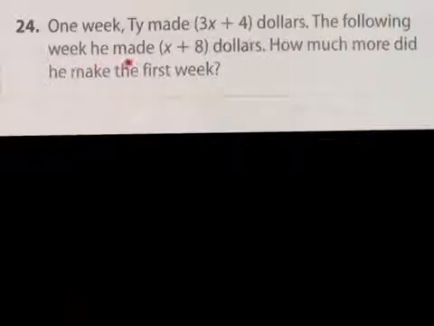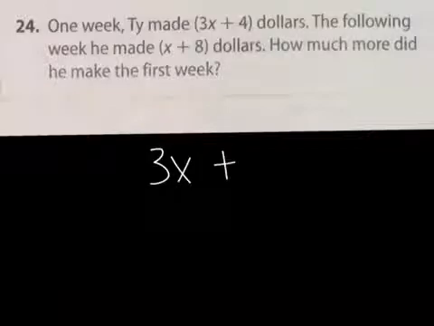The following week he made X dollars per hour plus 8. How much more did he make the first week? So it looks like we're looking for a difference. A difference means subtracting. The way I would write this out, I would write it as 3x plus 4, and I'm going to subtract because I'm looking for the difference.